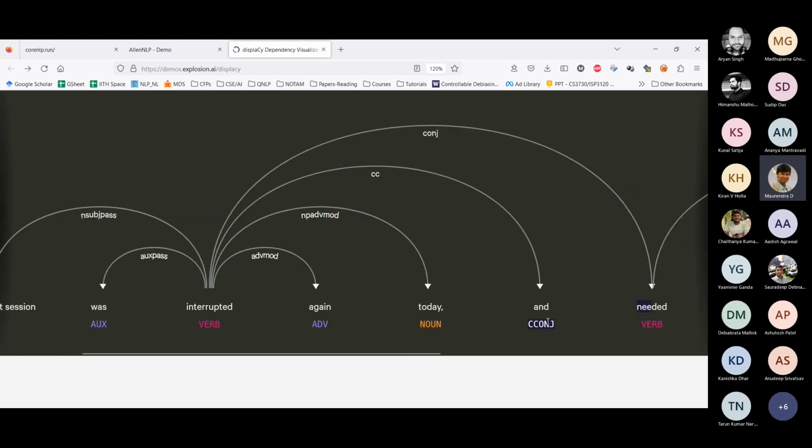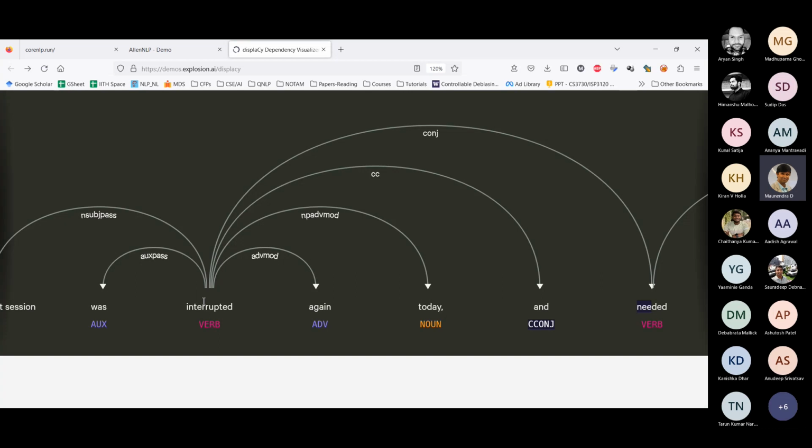So basically, the bottom line is how words relate with each other, and the most important thing here is the verb, because typically in English the verb needs to be there, except a few specific cases.